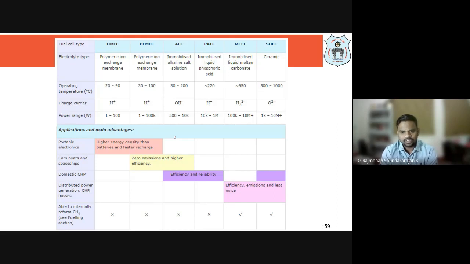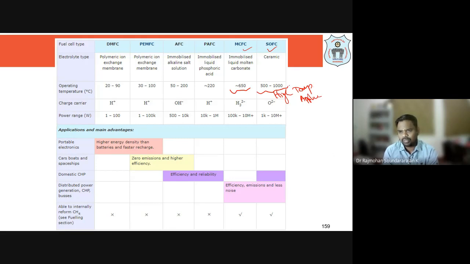Okay. And you can see the temperature range. Molten carbonate fuel cells and solid oxide fuel cells are preferred for high temperature applications. High temperature application means high temperature operation.